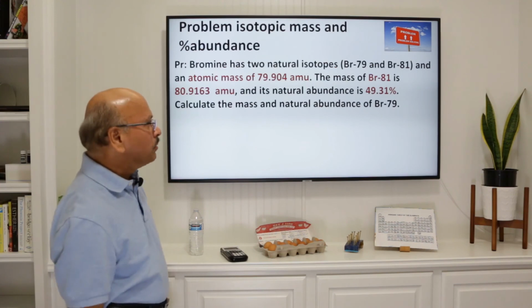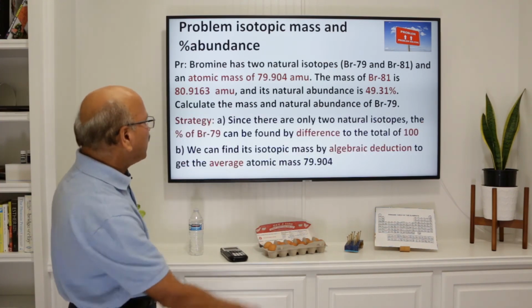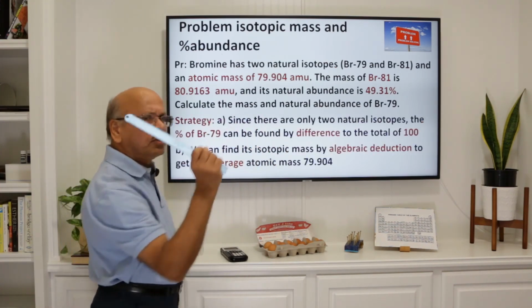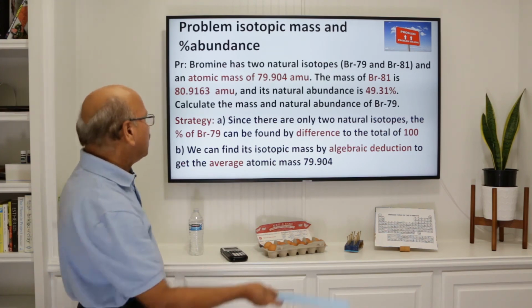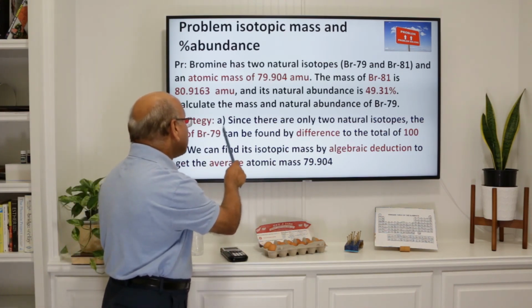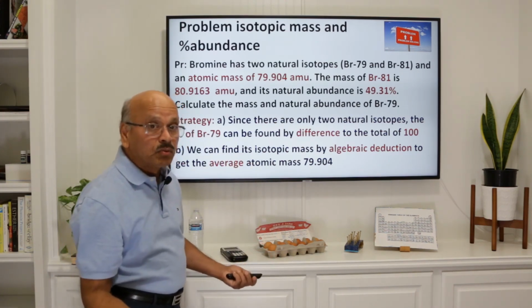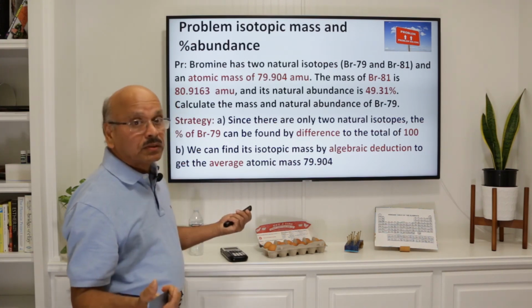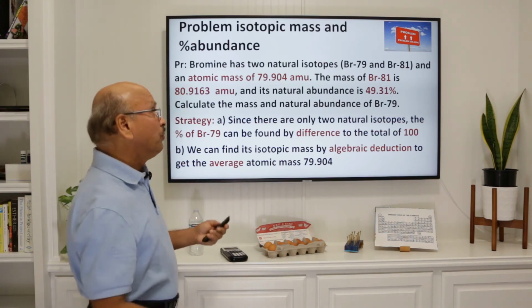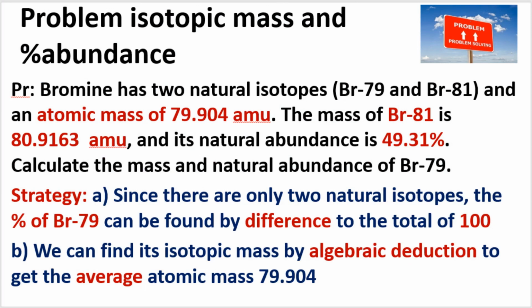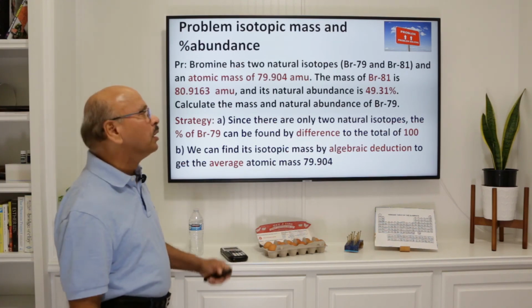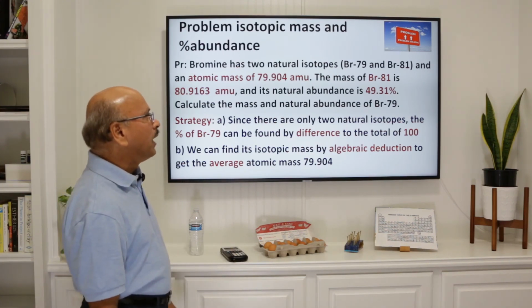So what is the strategy? Since there are only 2 natural isotopes here, the percentage of bromine 79 can be found by the difference. That means the total percentage is always going to be 100. So if you take the percentage of bromine 81, 49.31, from 100, the rest is going to be your bromine 79.